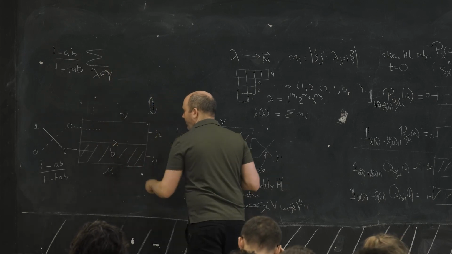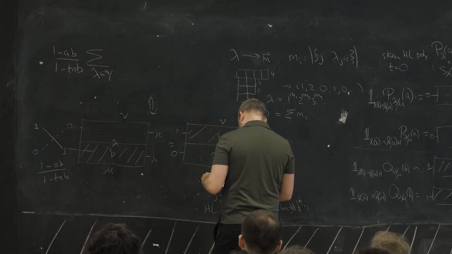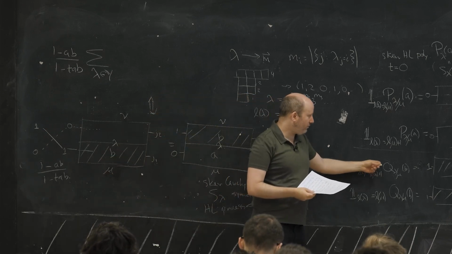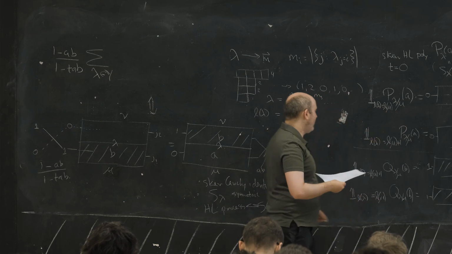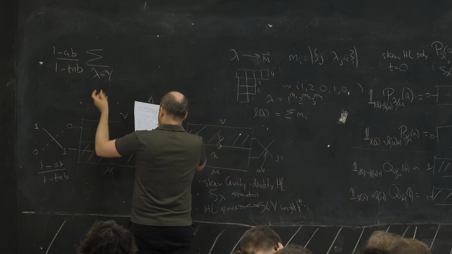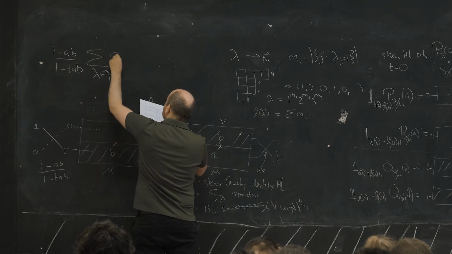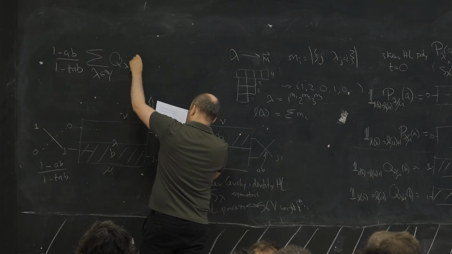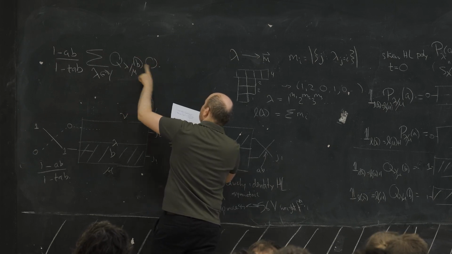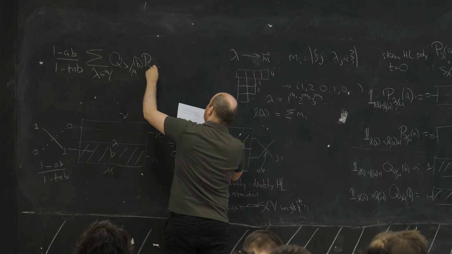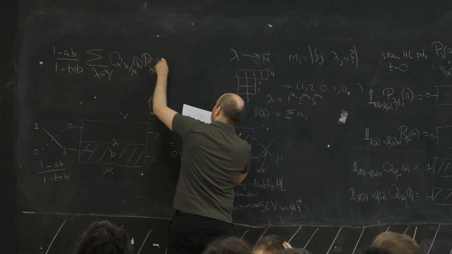And then you see, well, what do I have? The shaded things are the Q polynomials. The non-shaded things are the P polynomials. Obviously, some terms will be 0 if I have the wrong choice of lambda, but it doesn't matter. So I write lambda over mu in the B variable, lambda over nu in the A variable.